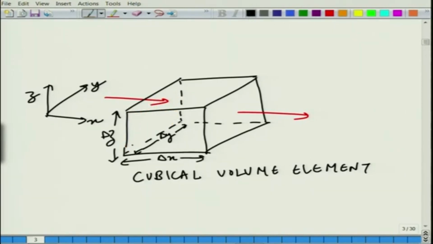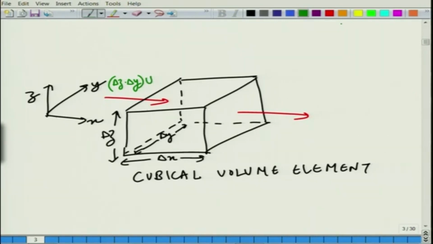So, what we get is your delta z into delta y, area into the density, well, we are interested in knowing the amount of fluid that enters this face per unit time. So, if you multiply this by the velocity, say u is the velocity along the x direction.